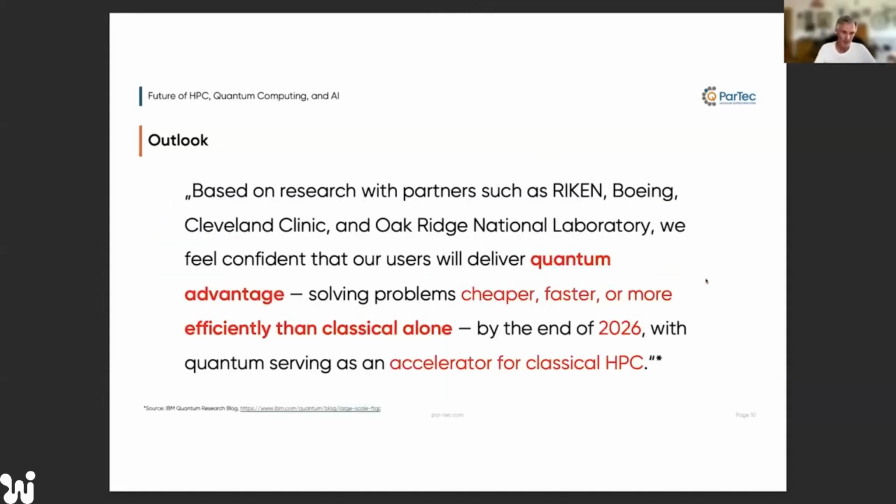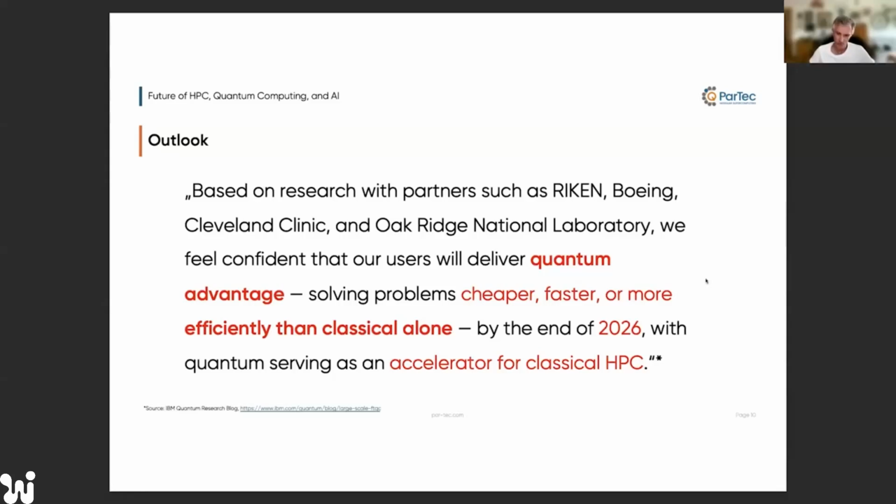And I want to close with what IBM published a couple of weeks ago. I cut out one of these sentences. You could say, okay, it's a little bit about marketing, but I like the sentence quite well because they said that the users will deliver quantum advantage, and they talk also a little bit about what they think quantum advantage is.